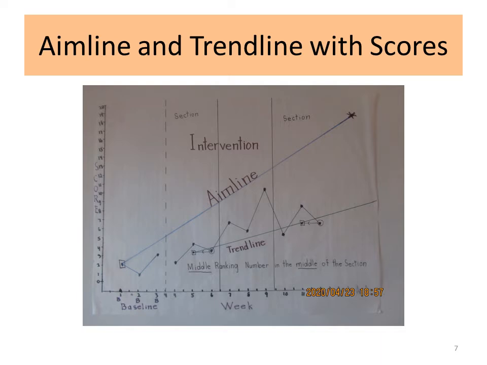I plotted the scores of the student for the weeks starting from week 4 to week 12. Now you see I connected the lines and you think, oh, well, it looks like it's going pretty well. But it hasn't hit the aim line, so it's not progressing as well as might be expected.